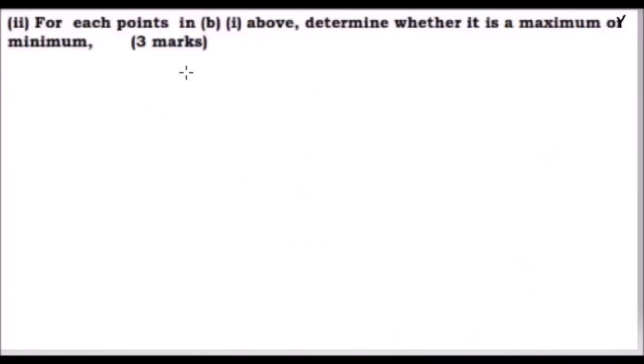So Roman number 2, we are told for each point in B Roman 1 above, determine whether it is a maximum or a minimum. So what this means is we are required to find out. We already know our function is equal to 2x cubed plus 3x squared.